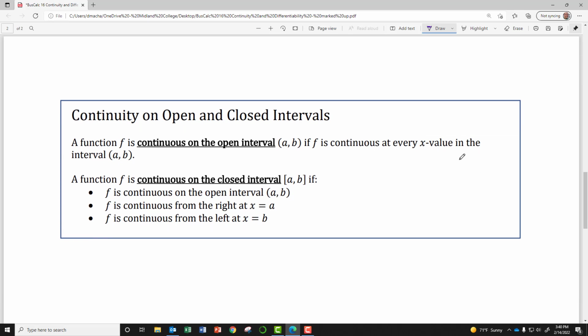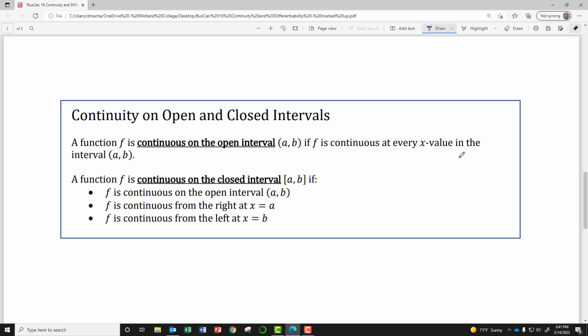So here we have continuity on open and closed intervals. A function f is continuous on the open interval between a and b if f is continuous at every x value inside that interval.